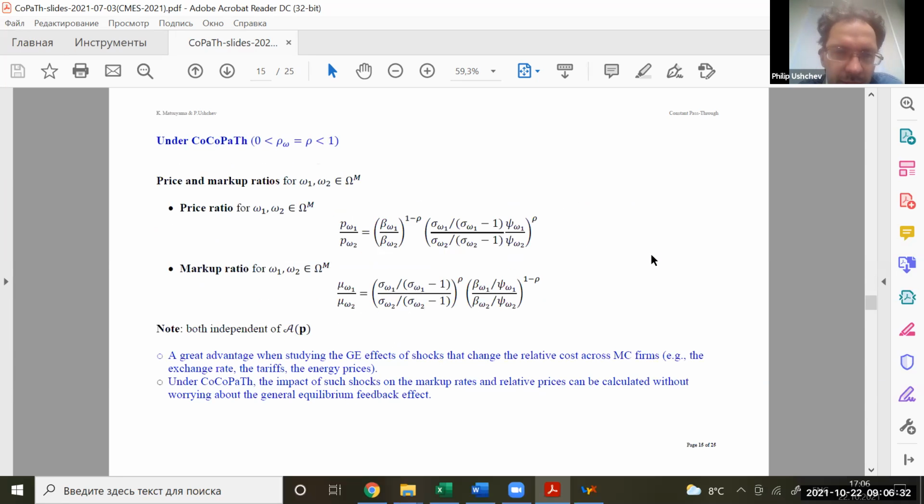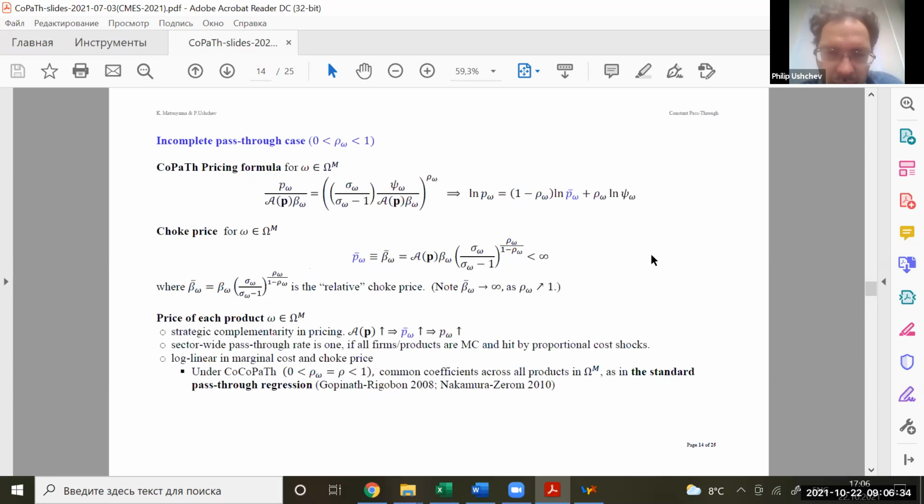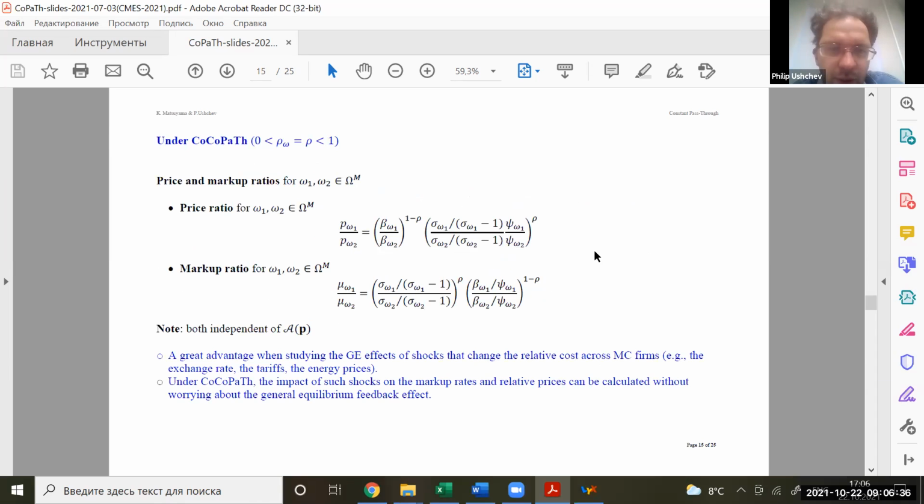So if you look under this COCOA-Path structure at what happens to the relative prices and the relative markups, both of them turn out to be independent of the price aggregator, of the toughness of competition.